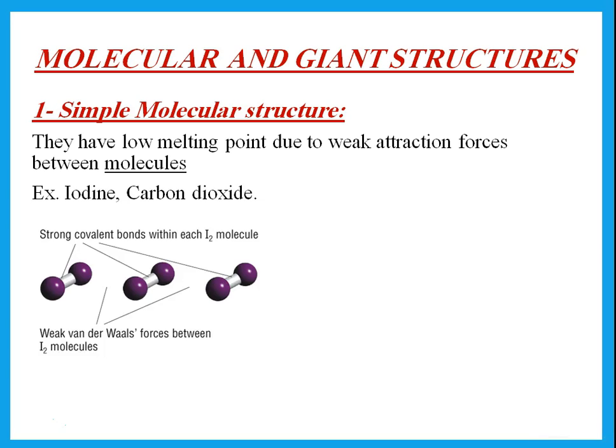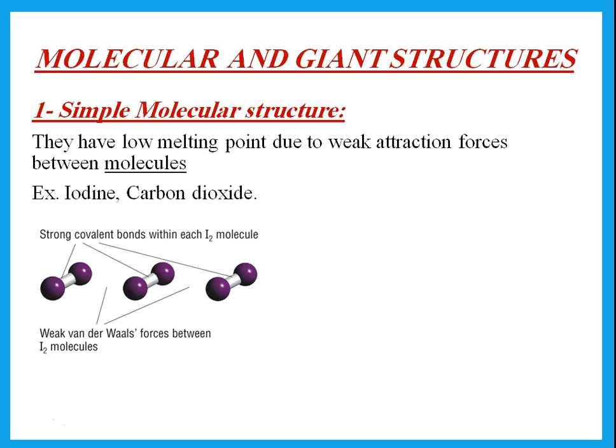Now each iodine molecule has strong covalent bonds inside the iodine molecule. But that's not what we're concerned about when we're talking about melting point. We're concerned about the forces between the molecules. So the fact that it has strong covalent bonds inside each I2 molecule does not affect our melting point.